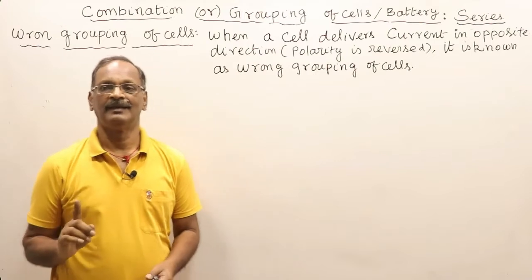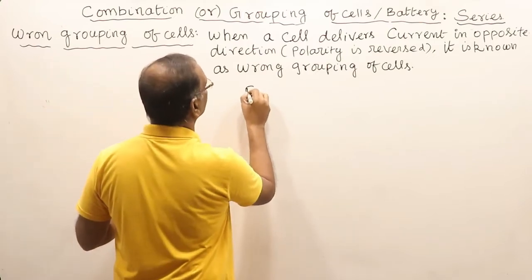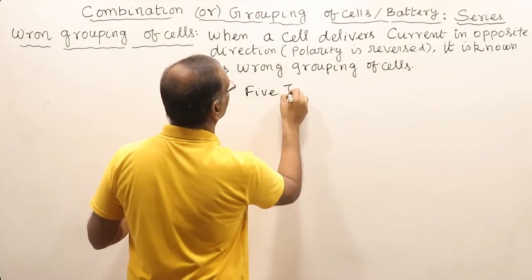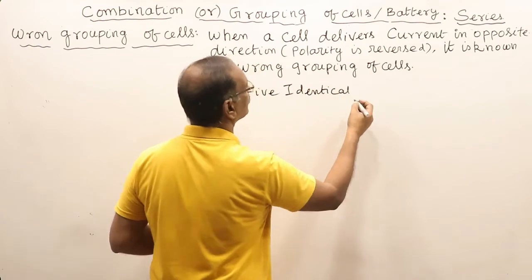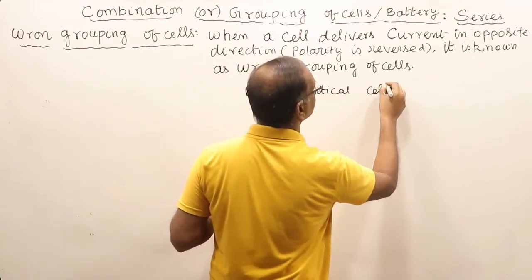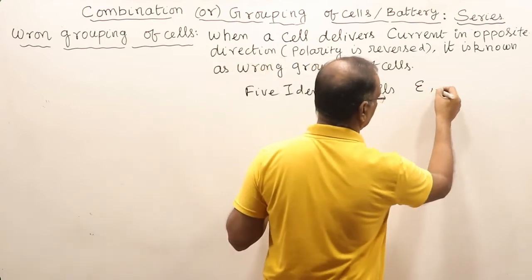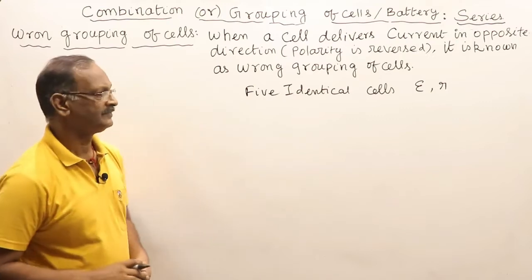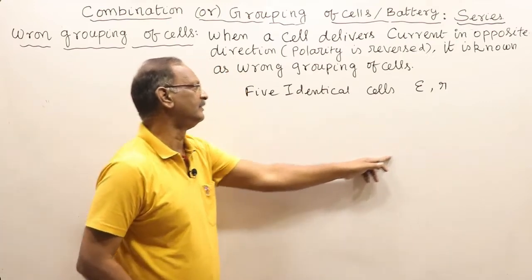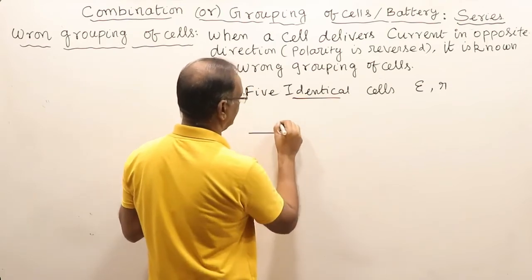Let us take 5 identical cells, each having EMF of E and internal resistance R, because all are identical cells.